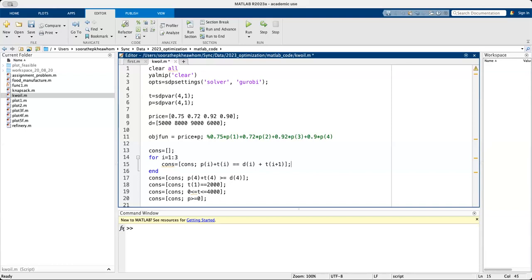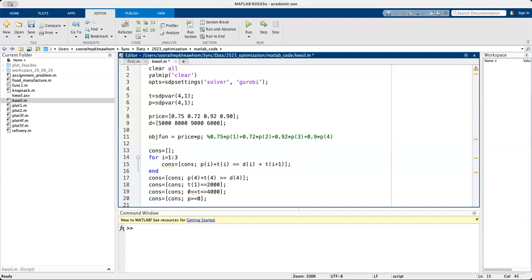We use a for loop here because we repeat very similar constraints three times. We start from p1 plus t1 must equal, and for yalmip we use double equals for an equality constraint. The equality constraint must be d1 plus t1 becomes t2, right?